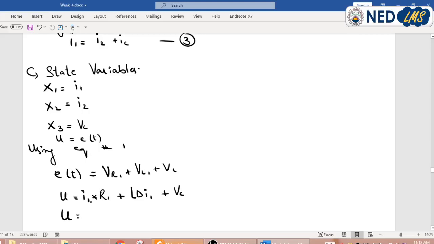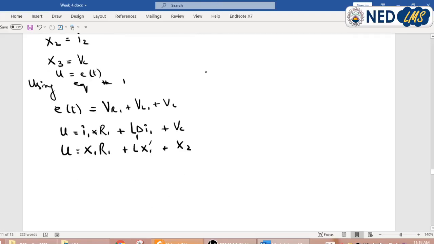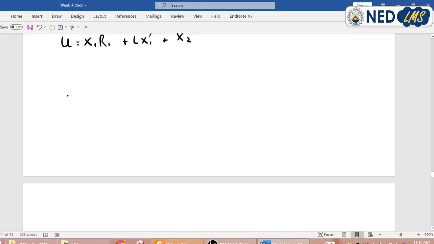So this is u. I1 is x1, dI1 is x1 dash, and VC is x3. Rearranging this, my first state equation is x1 dash equals minus R1 over L1 x1 minus 1 over L1 x3 plus u over L1. This is my first state equation. I will name it equation A.